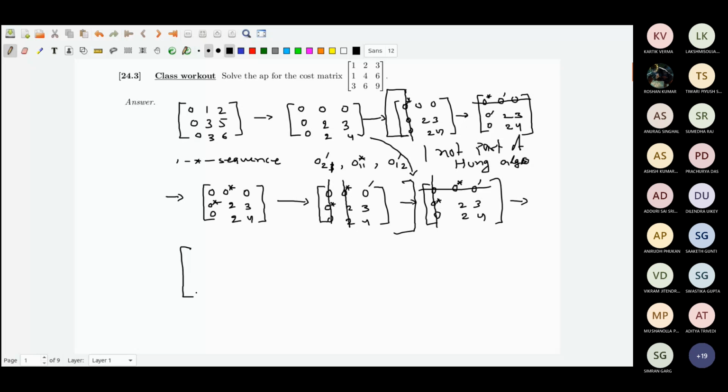So the minimum element is 2, so you add it here, keep 0 star here, 0, keep that prime here, no problem if you want. 0 star, not theta, but 0. Zero star, and subtract the minimum over here, so that becomes 0, 1, 0, 2.